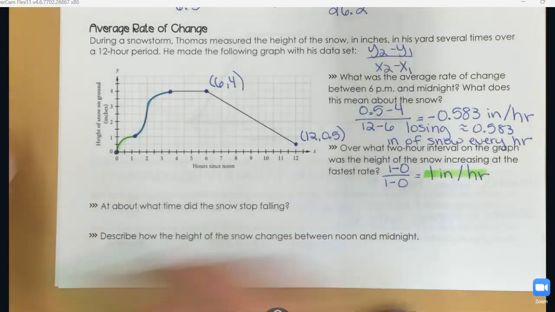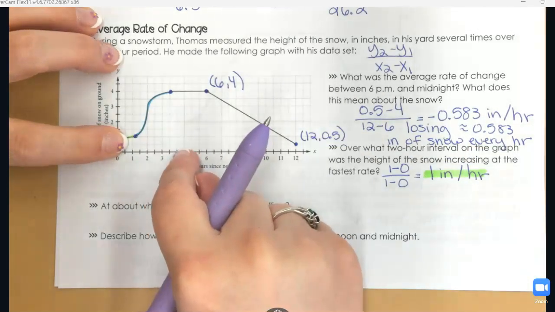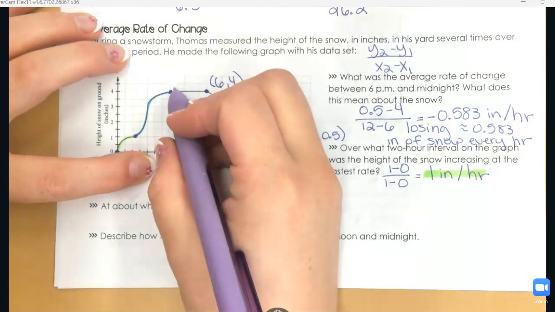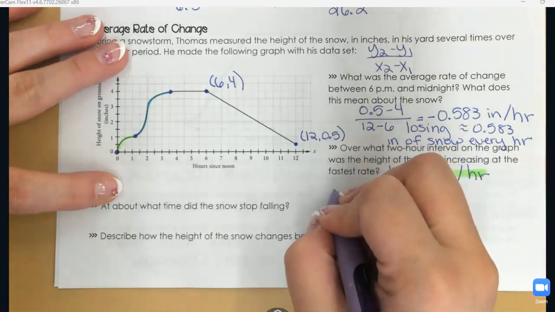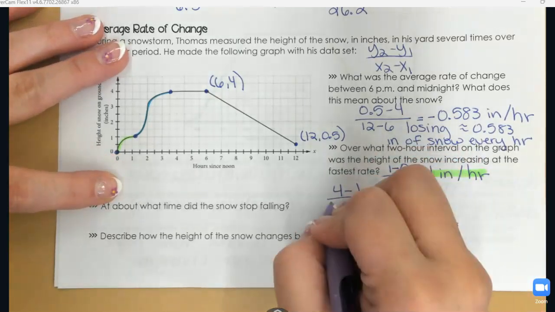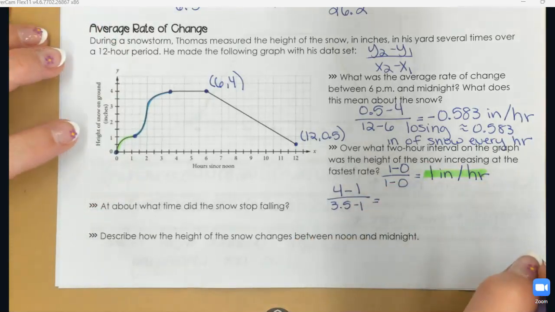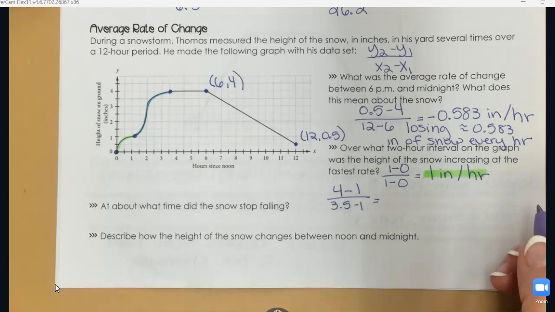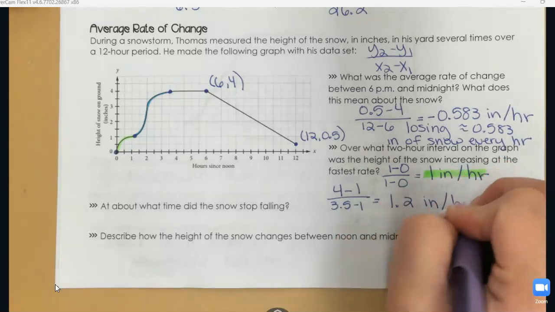Now I'm going to look at the blue and similarly calculate. So the second one, this is 3.5, 4, and then I have 1, 1 again. So 4 minus 1 over 3.5 minus 1. That is going to give me 1.2 inches per hour.